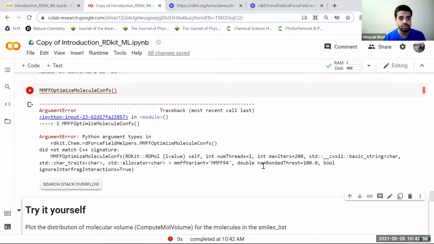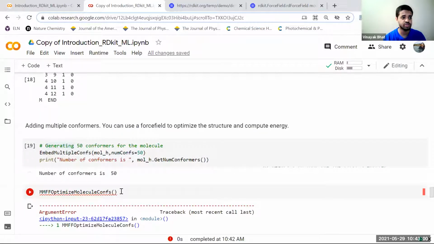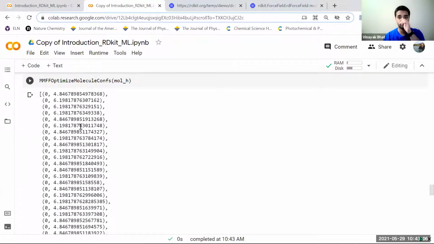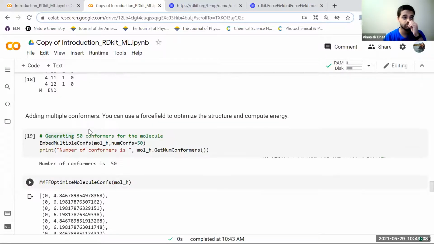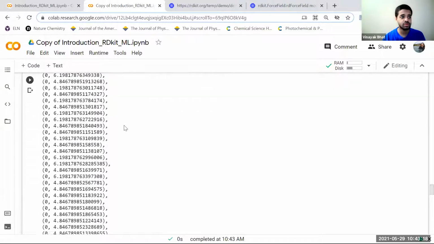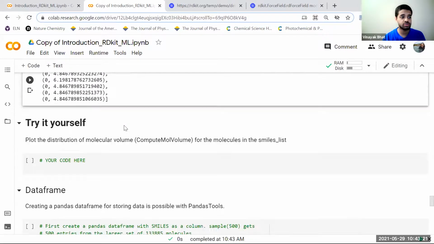Yeah, so it optimizes it and gives you some energies. If you just look that up, you'll be getting energies, and you can use this to see which one of them is the lowest and select the lowest energy conformer for analyzing. This is something you can try.